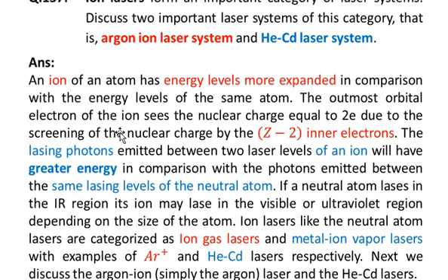So the outermost orbital electron of the ion sees the nuclear charge equal to 2e due to the screening of the nuclear charge by the Z-2 inner electrons. The lasing photons emitted between two laser levels of an ion will have greater energy in comparison with the photons emitted between the same lasing levels of the neutral atom.